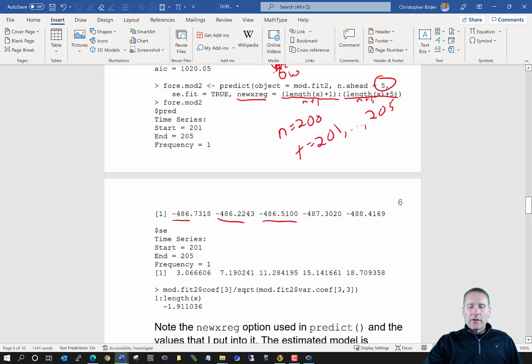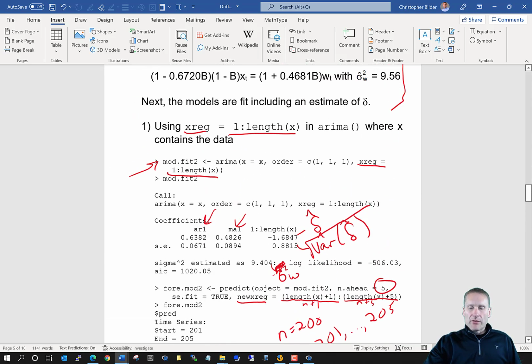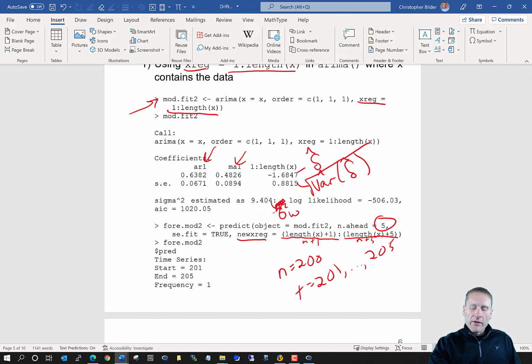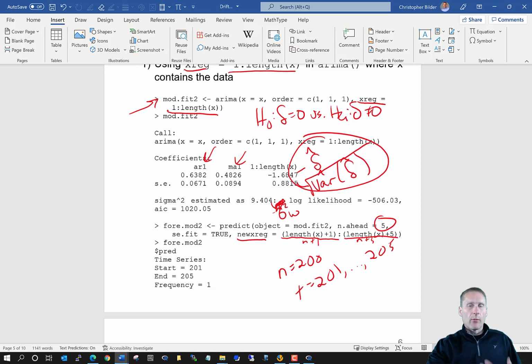Also, what I can do, and let me come back up here, perhaps I should have done this before. If I want to, I can do inference corresponding to delta. If I wanted to do the hypothesis test of delta equals 0 versus delta not equals 0, I could form a Wald test, and I would get negative 1.6847 divided by 0.881.